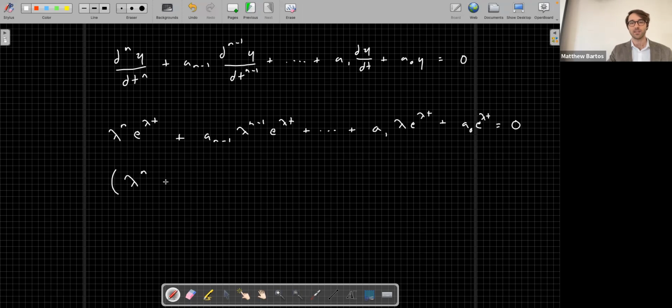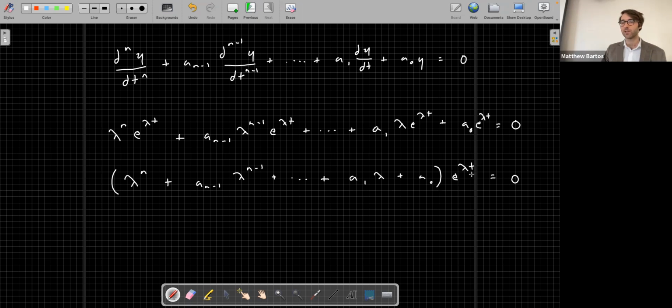So we'll have lambda to the n plus a n minus 1 lambda to the n minus 1, and so on, to a1 lambda plus a naught, all multiplied by e to the lambda t is equal to 0.